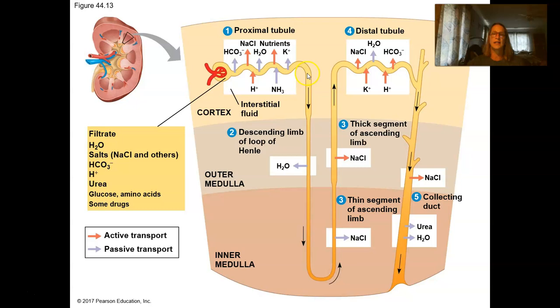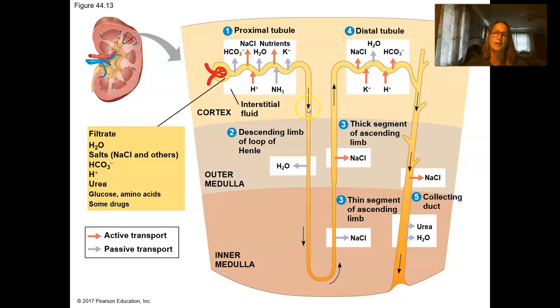And then basically what's going to happen is, this is called the descending loop of Henle right here. What's interesting about the descending loop of Henle is that it is impermeable to salt. So salt can't move in or out of the descending loop of Henle, but water can move.